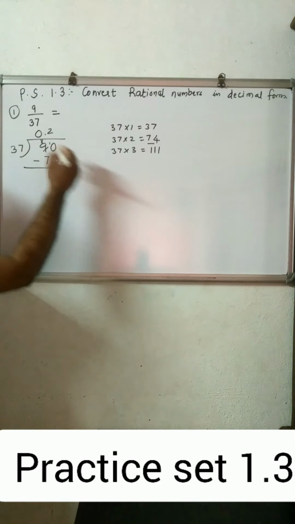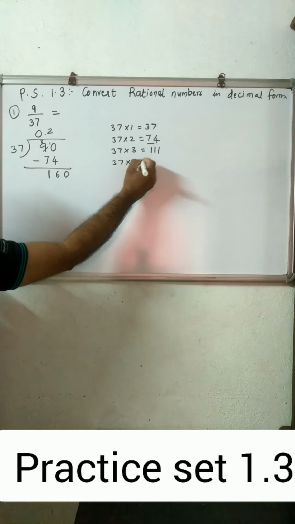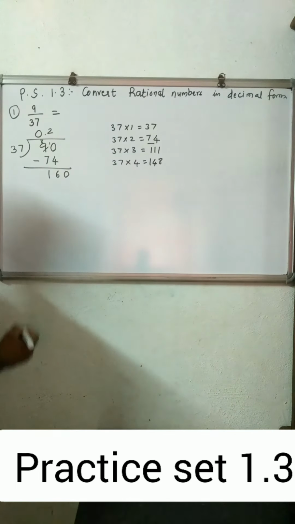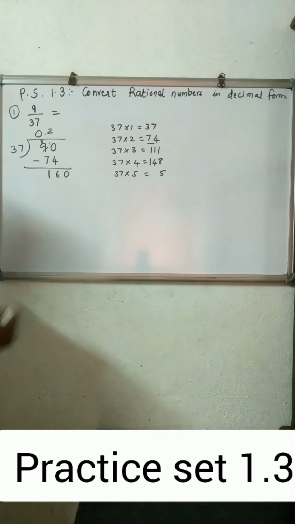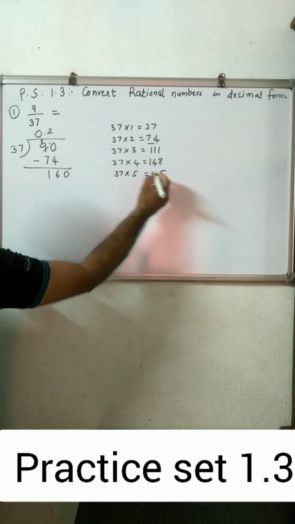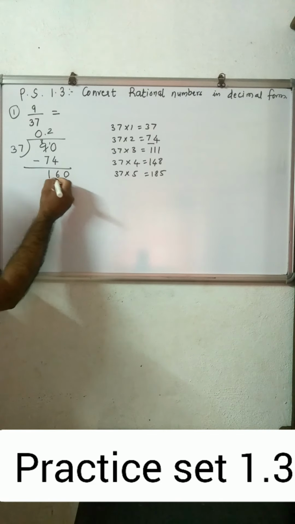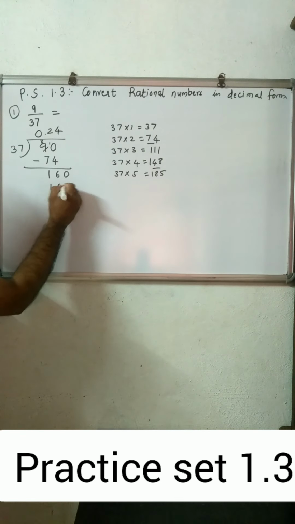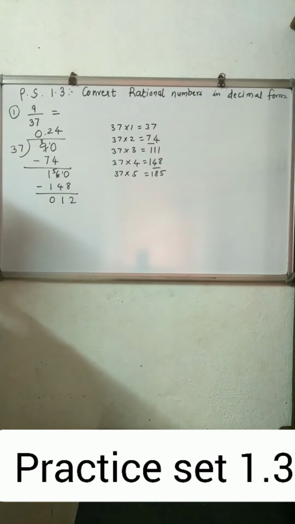Now take 0 over here, 160. Again 37 1s are 37, 37 2s are 74, 3s are 111, 37 4s are 148, 37 5s are 185. So 185 is greater than 160. So 37 4s are 148. Subtract, 10 minus 8 is 2, 5 minus 4 is 1.